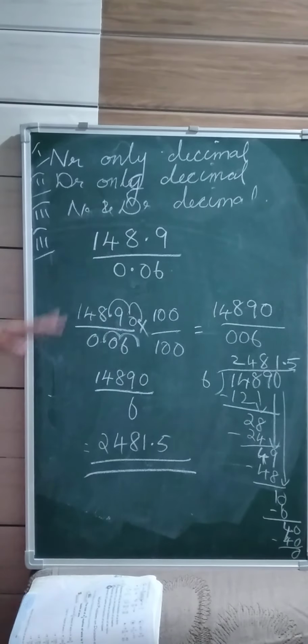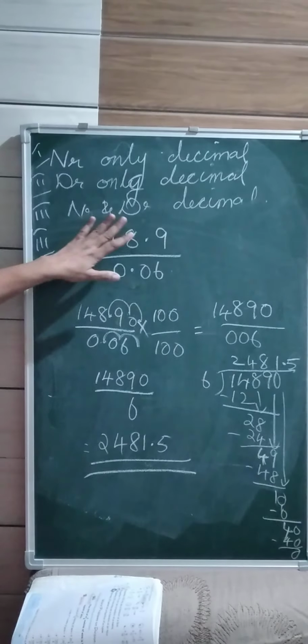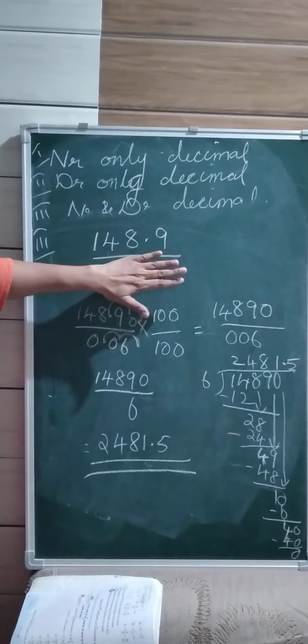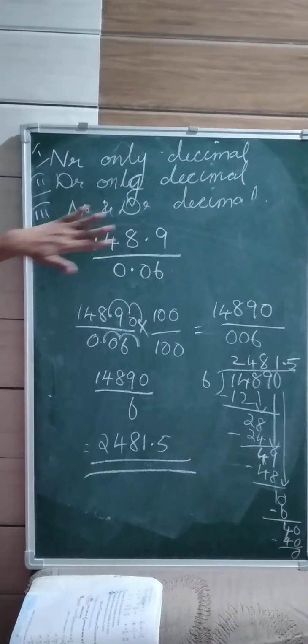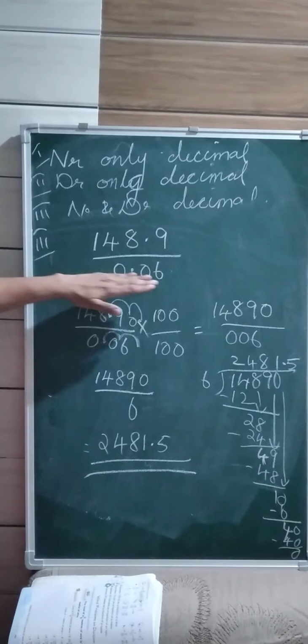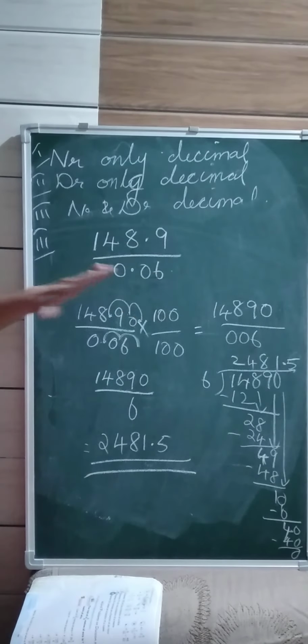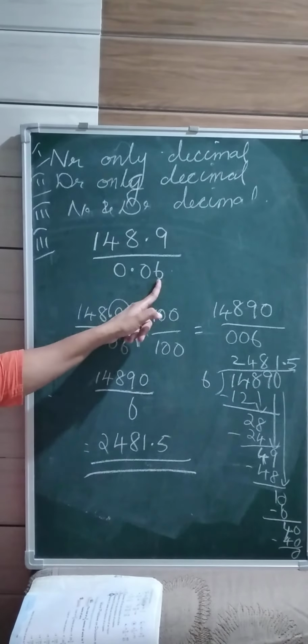Okay children, when the numerator and denominator are both decimal numbers, just check the denominator only. Neglect the numerator. In the denominator, after the decimal, 2 digits are here.